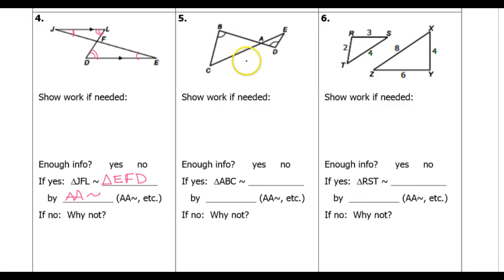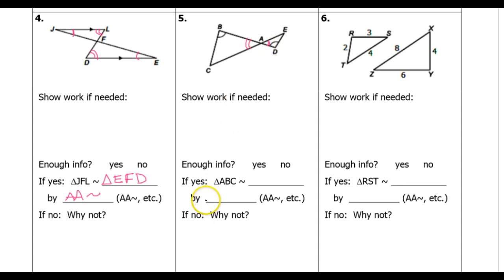All right, what about number 5? We don't have parallel lines this time, but they just went ahead and gave us that these 2 angles are congruent. But in addition to that, we also know that this angle will be congruent to this angle because they are vertical angles. That gives us 2 pairs of corresponding angles that are congruent.